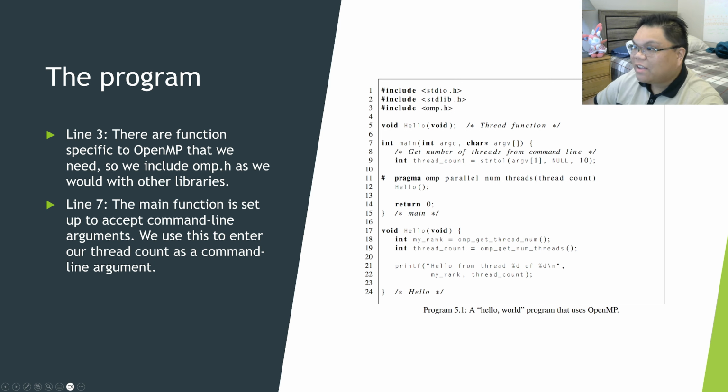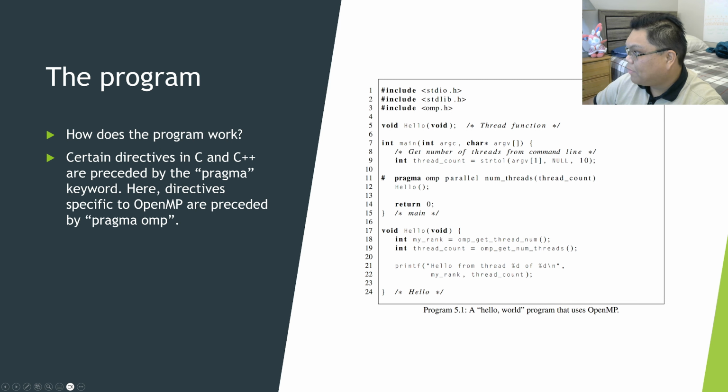So yeah, as I said, the program runs as a single-threaded program up until we reach this pragma line here. That's when the program forks into multiple threads, and then each thread calls the hello function. Each instance of the hello function being called is being done on a separate thread.